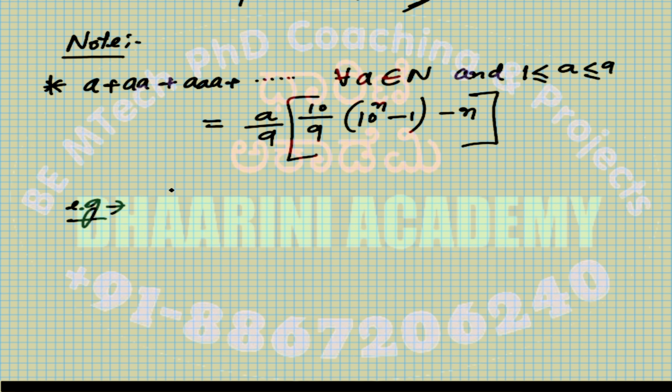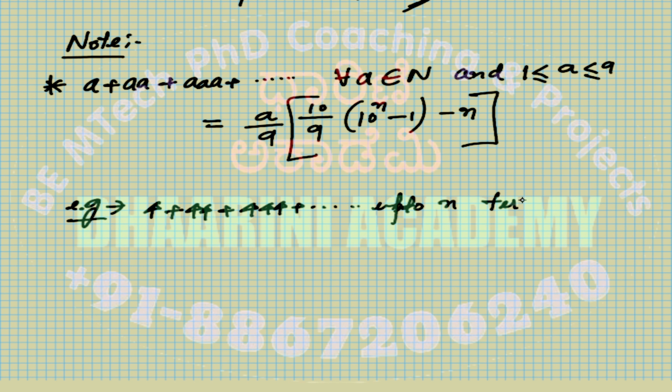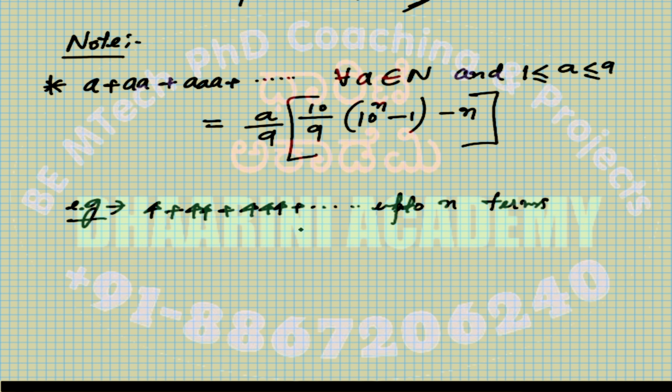If the given number is something like 4 plus 44 plus 444 and so on up to n terms, and this is asked in the question, directly you can write that is equal to, replace A by 4.